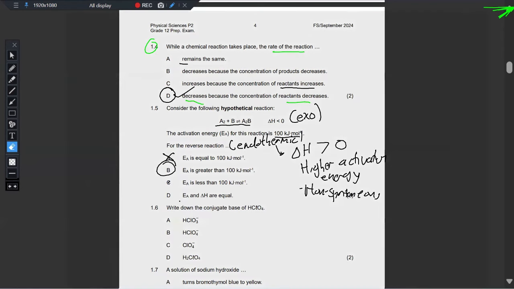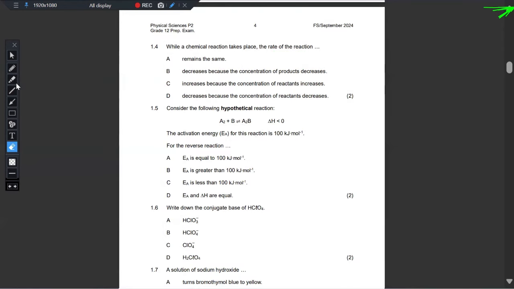Now 1.6, that is based on your acids and bases. They say write down the conjugate base of HClO4. So what would be the conjugate base of this? For 1.6, if this is HClO4, and they're saying conjugate base of this, it means that this is an acid.